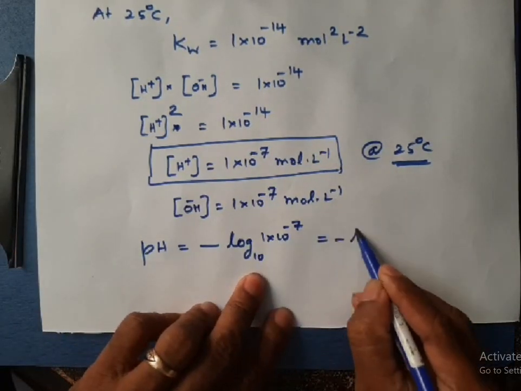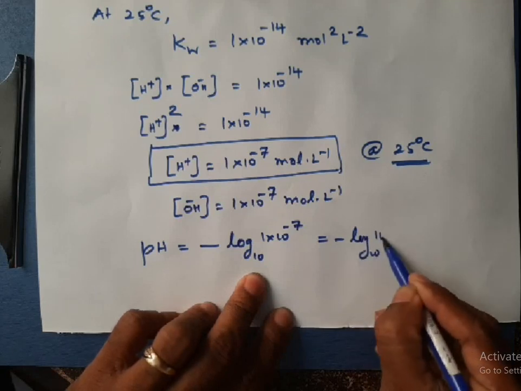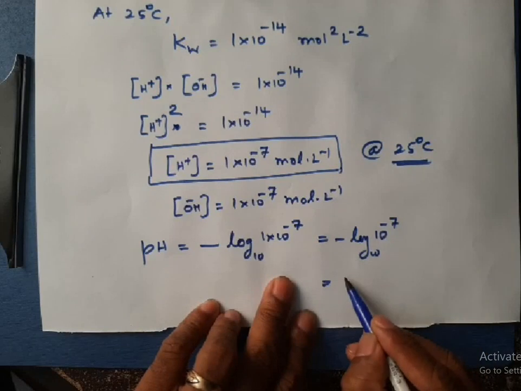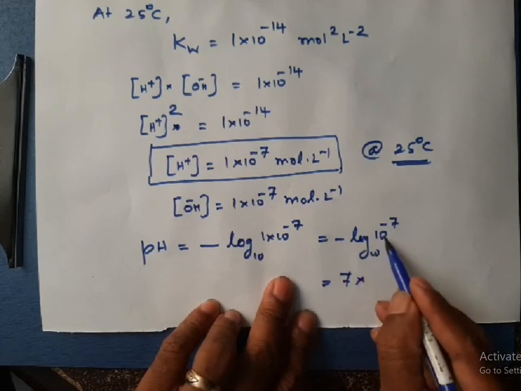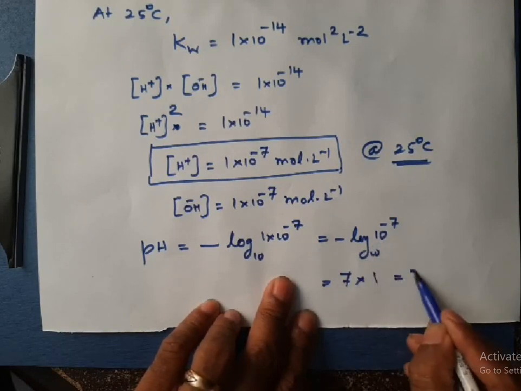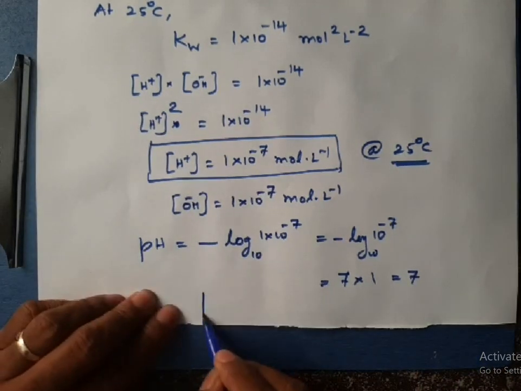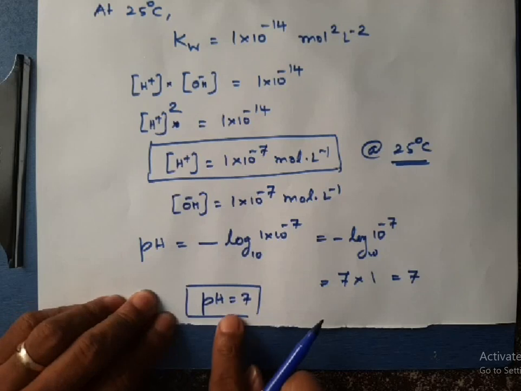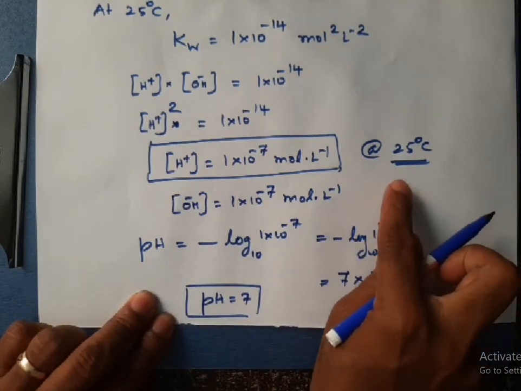You can write this as negative log base 10 of 10 power minus 7. Apply the power rule, so minus and minus become plus. So 7 into log 10 base 10, whose value is 1. So pH is 7. So for pure water, pH is equal to 7 at 25 degrees Celsius.